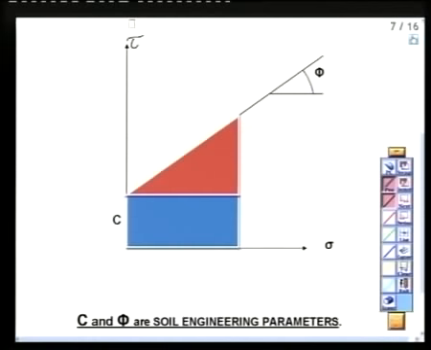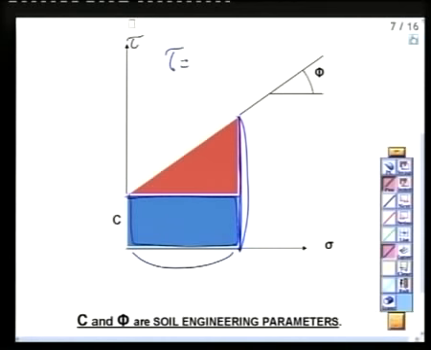Now, if I want to find tau at any sigma, for example, I took this sigma, what is tau? What is tau at any sigma? So how much is this line, at this sigma? As you see, this is constant. Whether I took sigma here or sigma there, always C is constant, right?